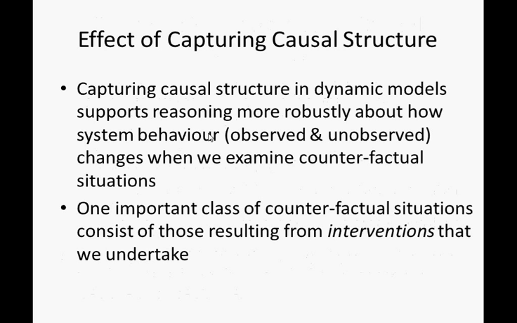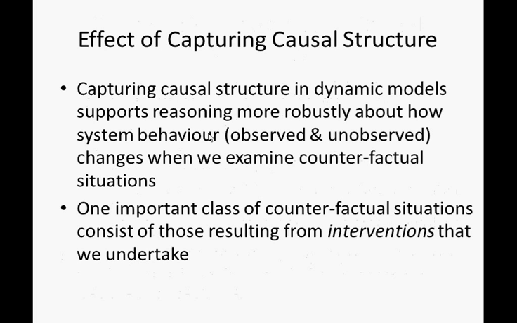So, capturing causal structure in dynamic models is central to its enterprise because it supports reasoning more robustly about how system behavior, both observed and unobserved, changes when we examine situations that have never been observed before. And a very important class of counterfactual situations, of central interest for this group and for most people I talk to, is dealing with the results of interventions.